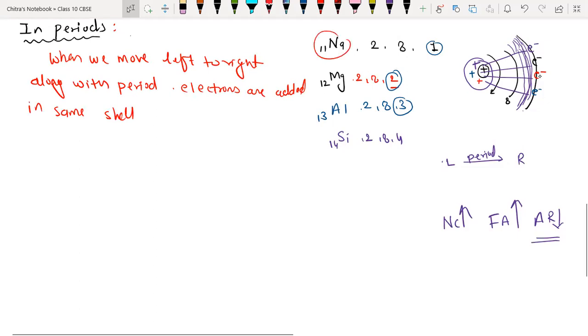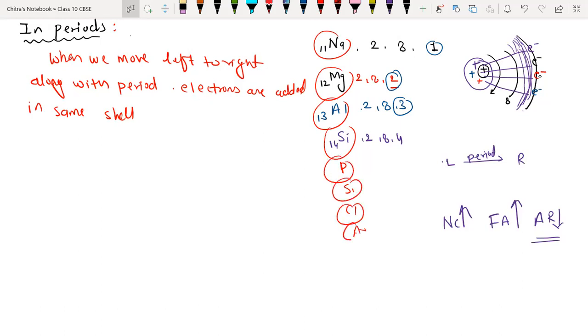See here sodium, magnesium, aluminum, silicon, then phosphorus, sulfur, chlorine, and argon. All elements will have 3 shells only: 2, 8, 5, then 2, 8, 6, then 2, 8, 7, then 2, 8, 8.